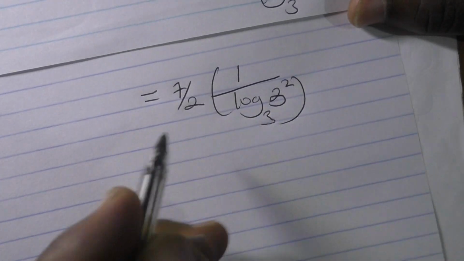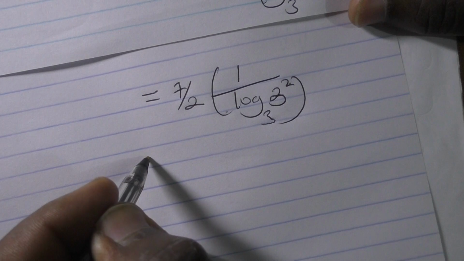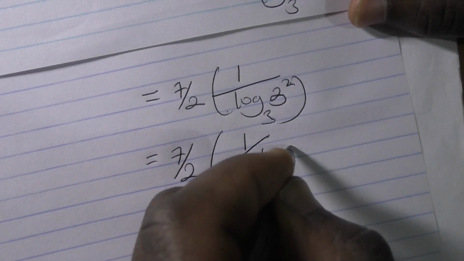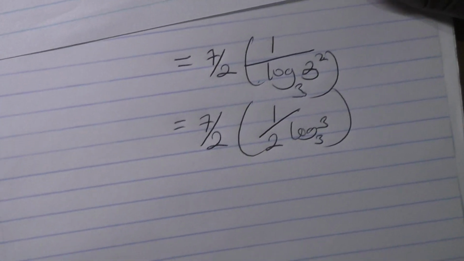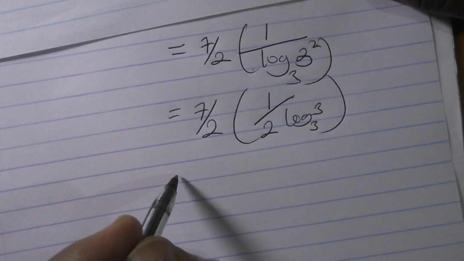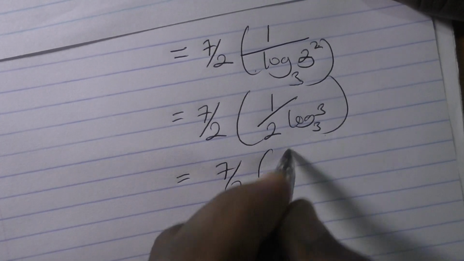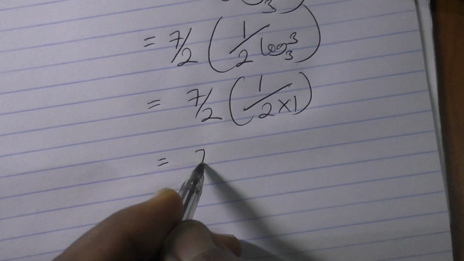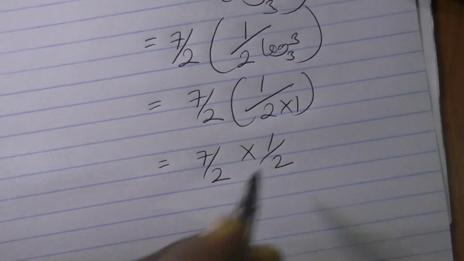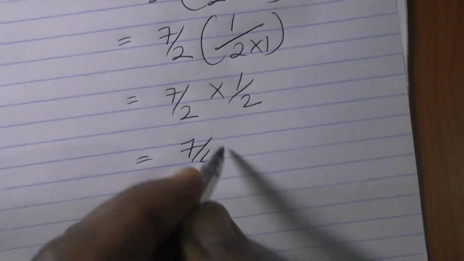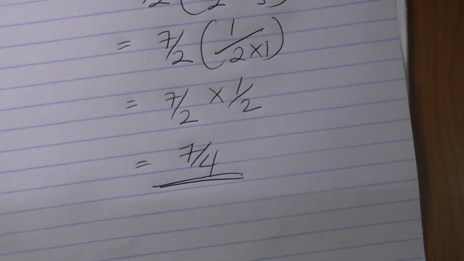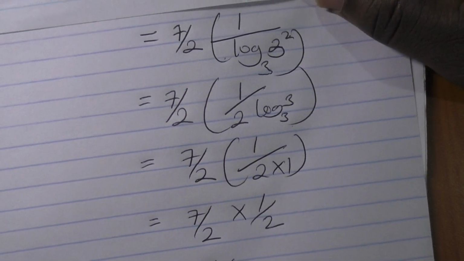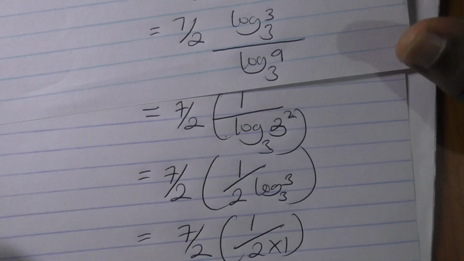These two will drop down to give us 7 over 2 into 1 over 2 log 3 base 3. Log 3 base 3 is 1, so that gives us 7 over 2 into 1 over 2 times 1. And finally, we end up with 7 over 2 times 1 over 2, which is 7 over 4. So that is how we introduce a new base and finally simplify or evaluate.